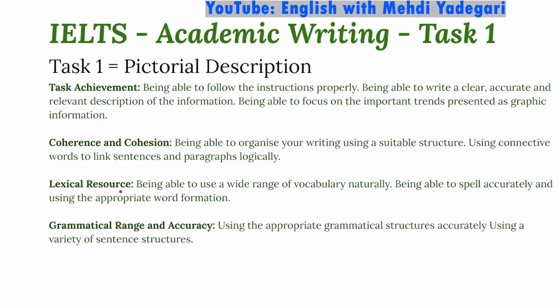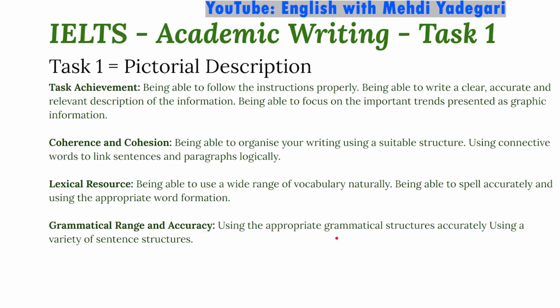Lexical resource basically is a fancy word for vocabulary. It's like how much your vocabulary is worth. Being able to use a wide range of vocabulary naturally, being able to spell accurately, and using the appropriate word formation. Grammatical range and accuracy, the meaning is self-explanatory. Grammatical range is how many grammatical sentences you can use and how much the accuracy is.